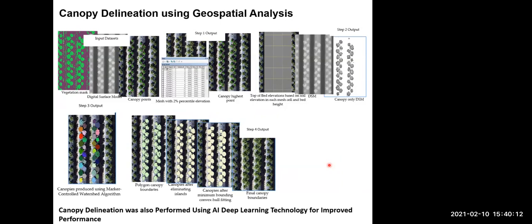So we developed algorithms in order to delineate the canopies and also to extract three-dimensional information from each canopy that is delineated. And we did this using traditional geospatial analysis and also using artificial intelligence techniques. So we used artificial intelligence, just providing the image, training the model, and then the computer will produce these delineated canopies automatically.